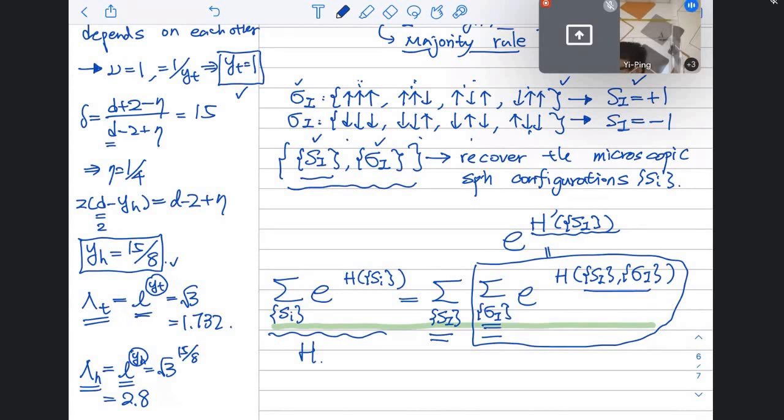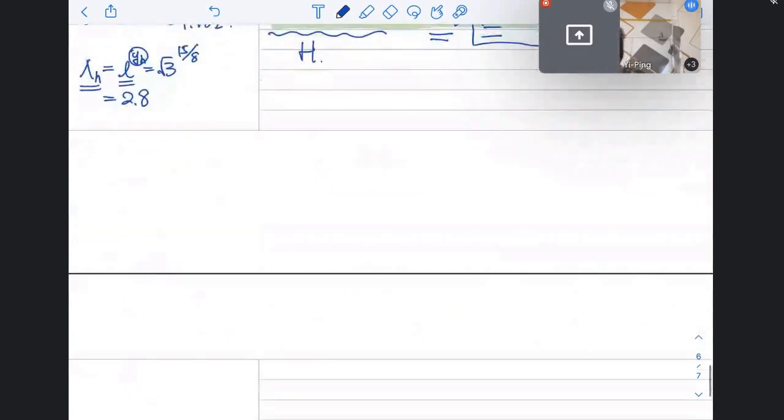And now this H prime is determined by the block spin configuration S_I. Okay, so the question is how to process this step.